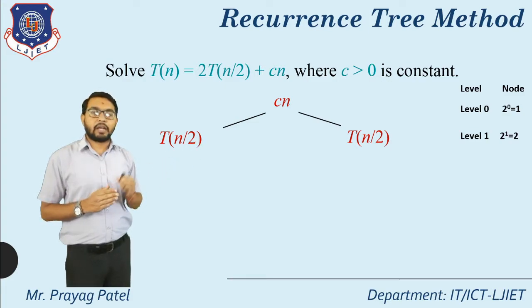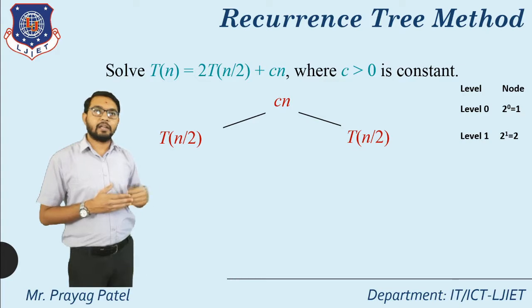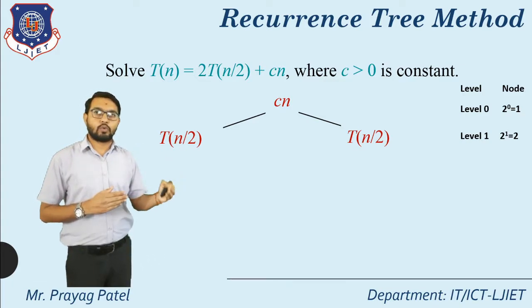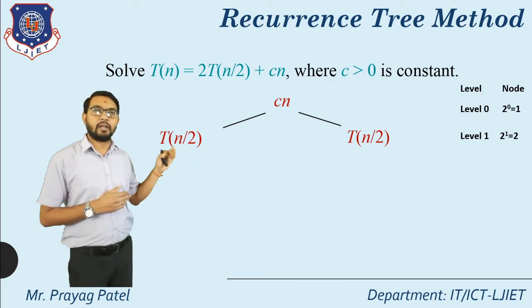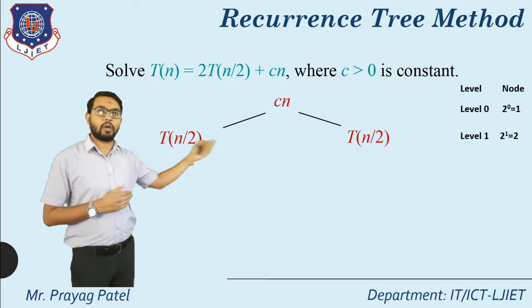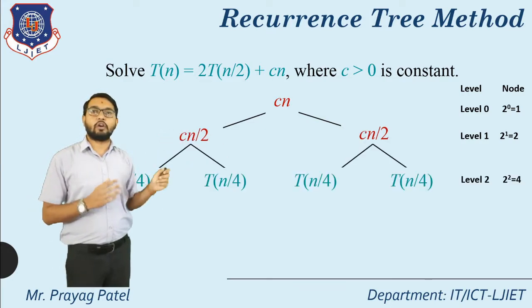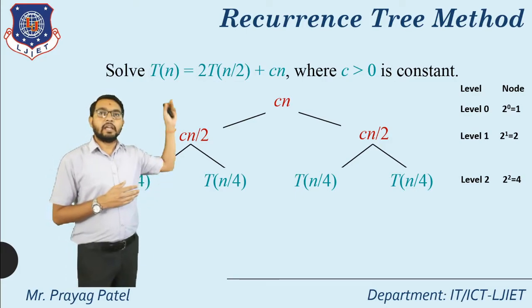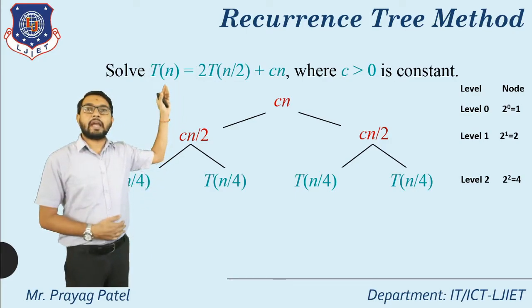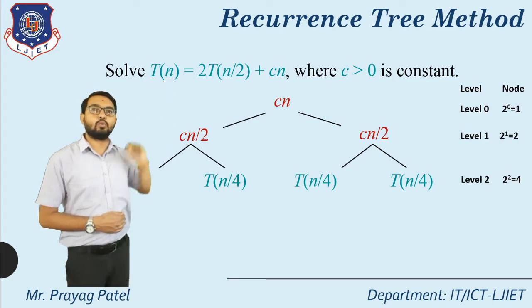At level number 1, how many nodes are there? Here consider the level as 1, so 2 raised to 1 equals 2. So 2 nodes are there at level number 1: T(n/2) and a second T(n/2). Now what is the cost for the node T(n/2)? In place of n, we put n/2 in the equation T(n) = 2T(n/2) + c·n.